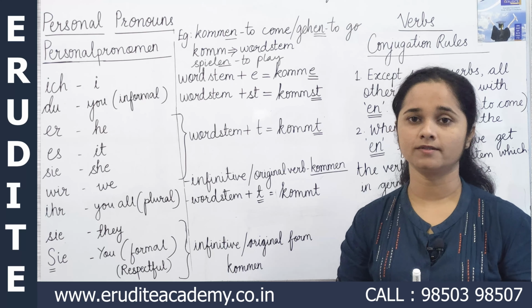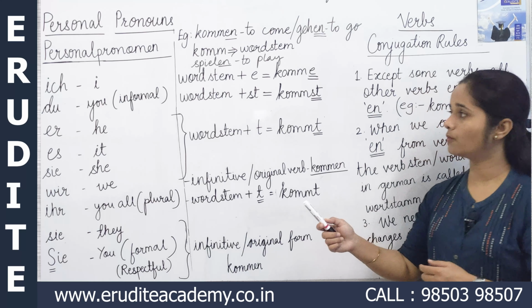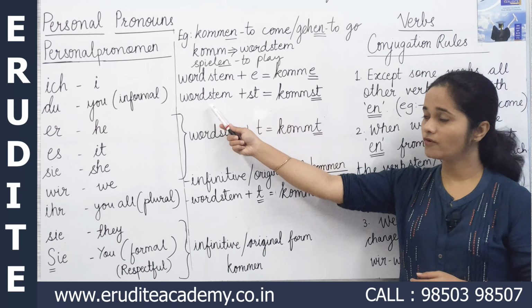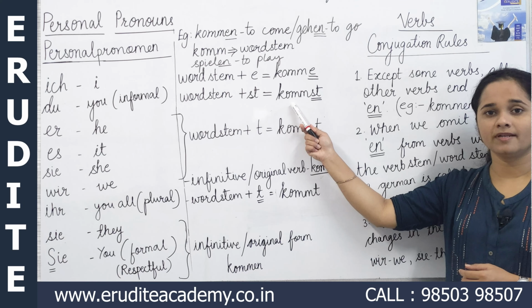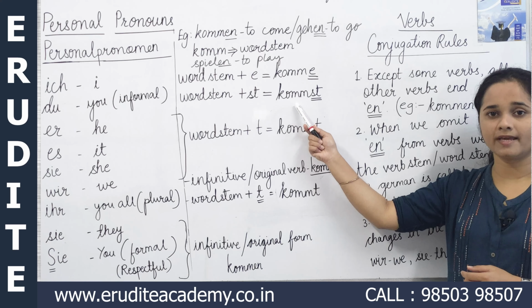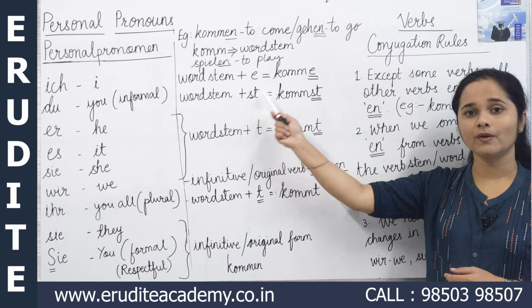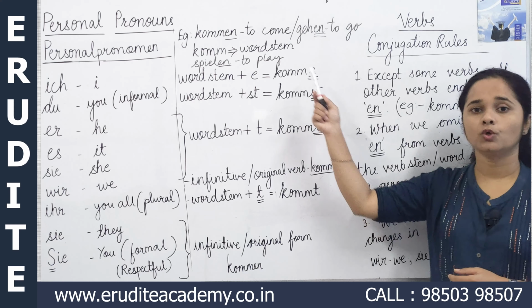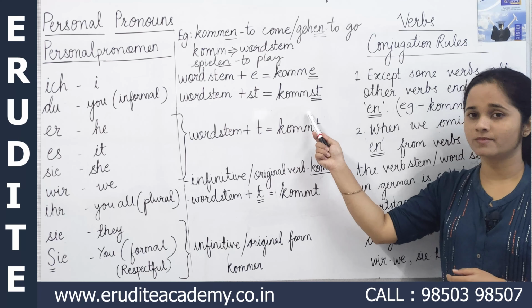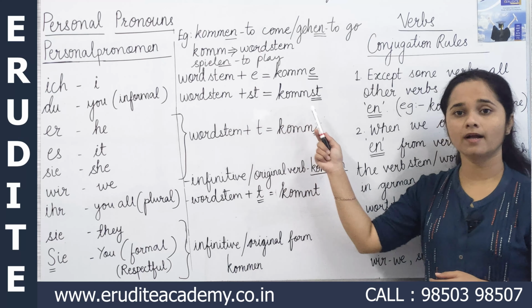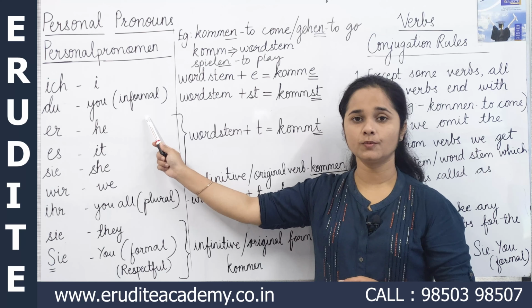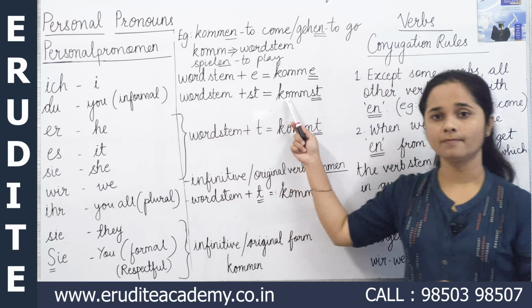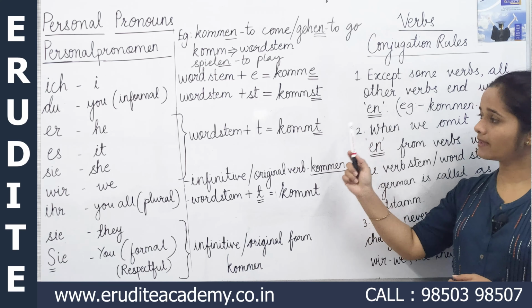Ich komme. Then we have the du form. We are going to conjugate it as komm plus st, which is kommst. Du kommst. You come. As mentioned here, it is the informal you.